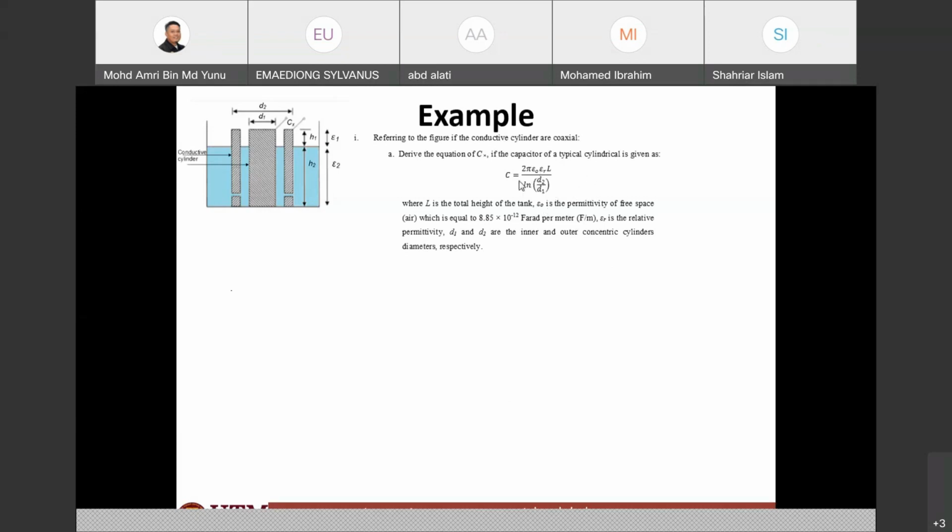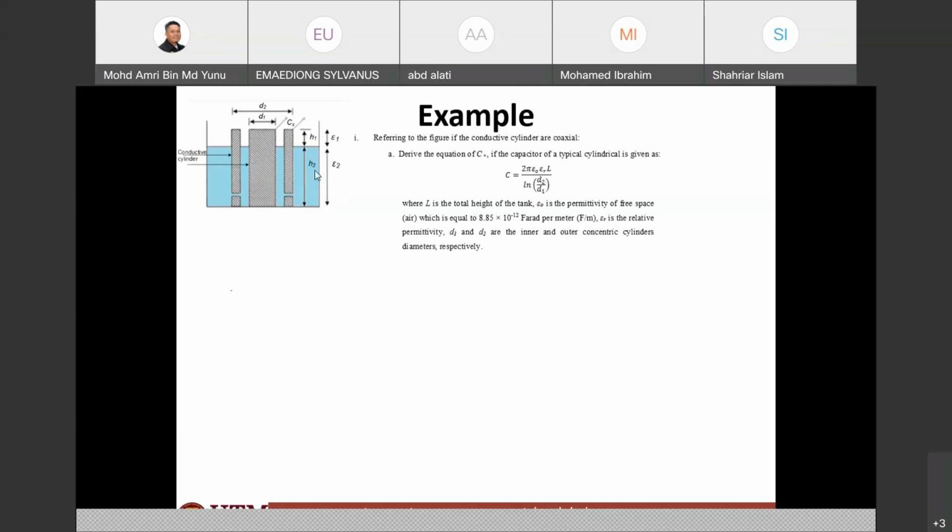The typical formula for the capacitance of a cylindrical capacitor is given by this formula, where L is the total height, L is H1 plus H2 basically.